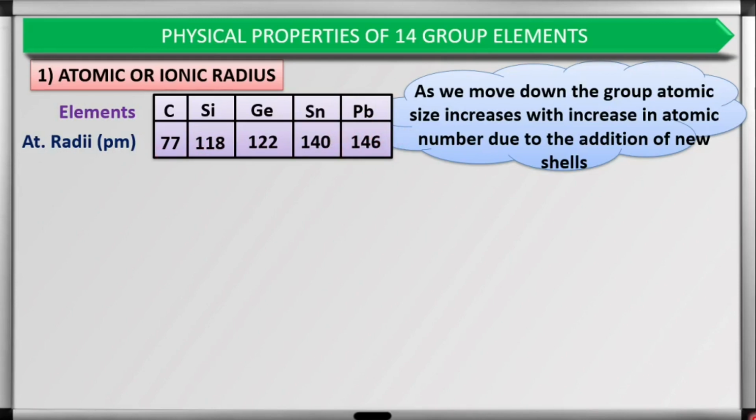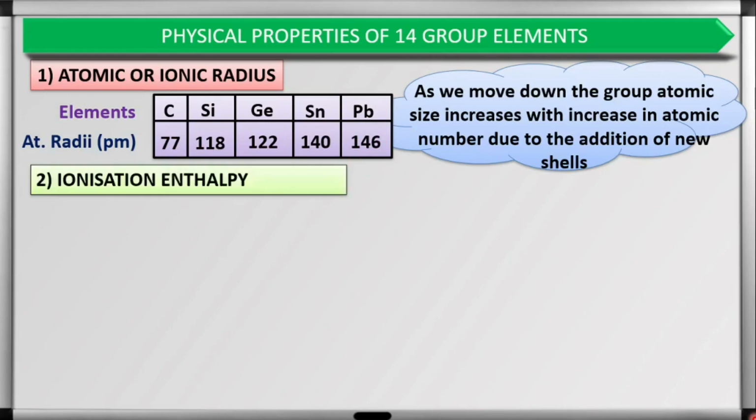Now next property we look at, that is ionization enthalpy. Already we discussed it in the previous lectures. Ionization enthalpy means the energy required to remove the outermost shell electron. म्हणजे outermost cell मधल्या इलेक्ट्रॉनला रिमूव्ह करायला, किंवा जो इलेक्ट्रॉन लॉस होतो outermost cell मधून त्याला रिमूव्ह करायला जी एनर्जी लागते त्याला आयोनायझेशन एन्थॅल्पी असं म्हणतात.